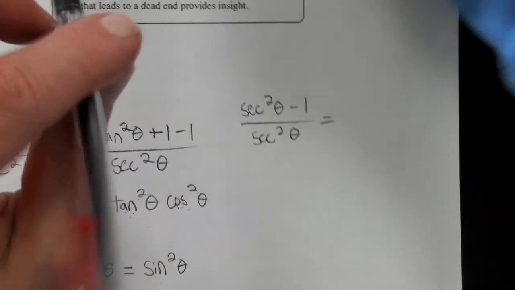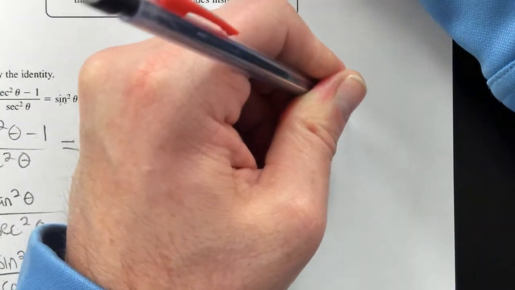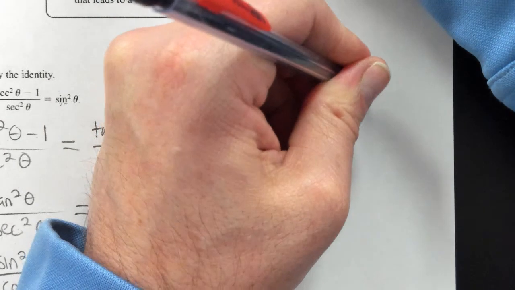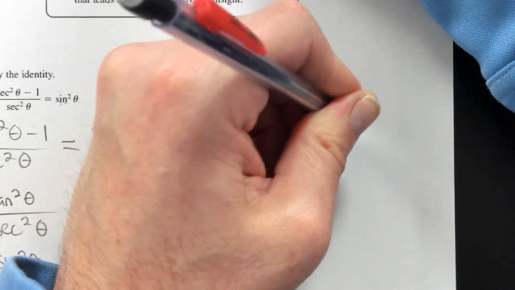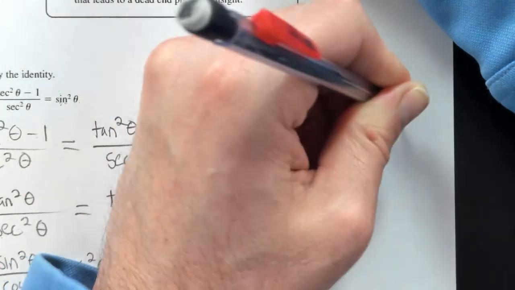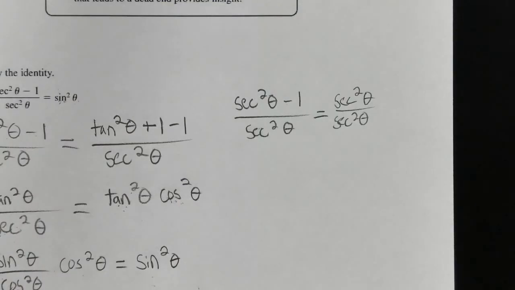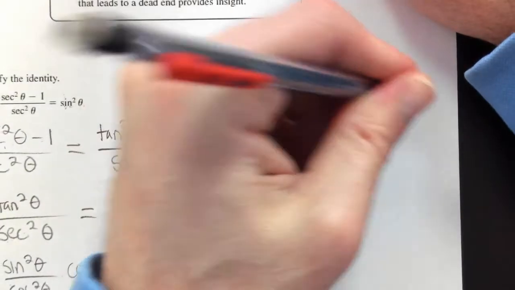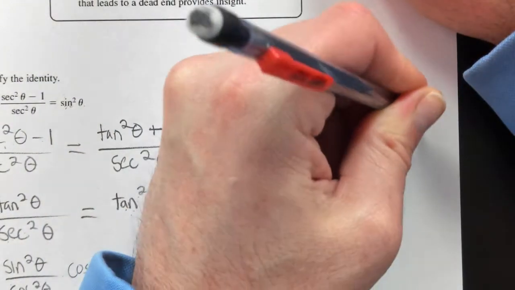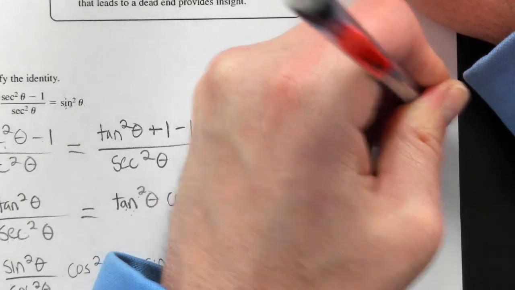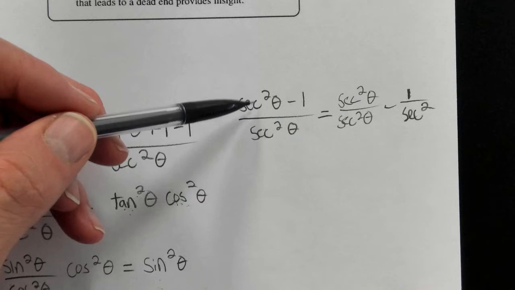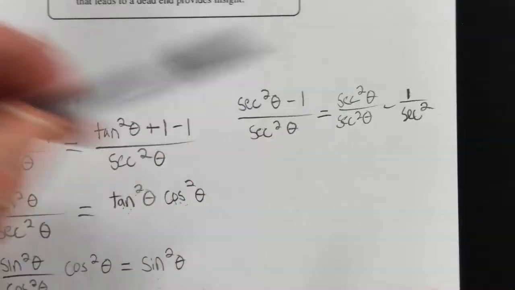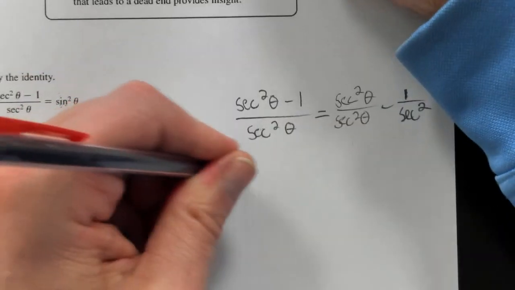So now I can have secant squared over secant squared, minus 1 over secant squared. And since these terms are the same, that actually divides out and makes 1.